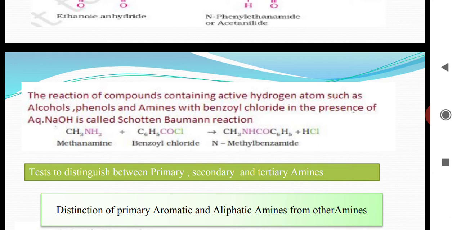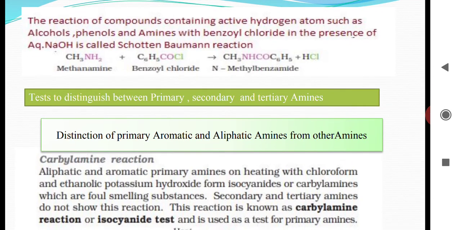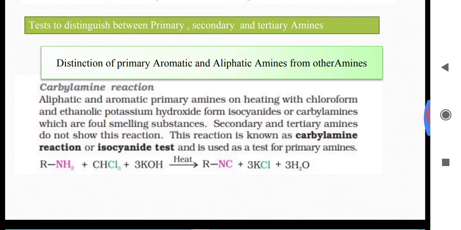Okay, so this reaction which happens in the presence of aqueous NaOH is known as the Schotten-Baumann reaction, right? Now let us do some reactions and simultaneously see how we can distinguish the amines, that is primary, secondary and tertiary amines. Or we will learn to distinguish the aliphatic and the aromatic amines, right?